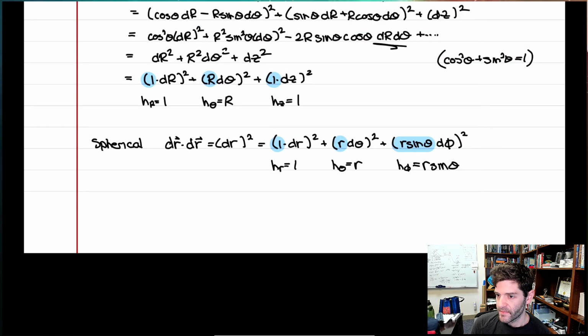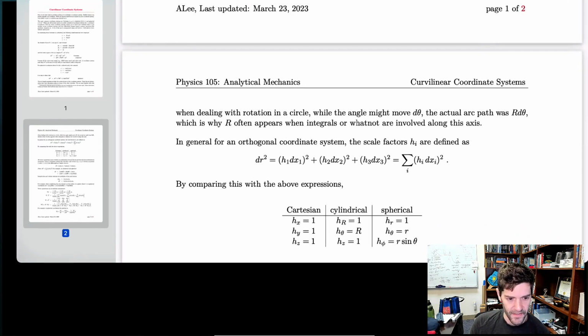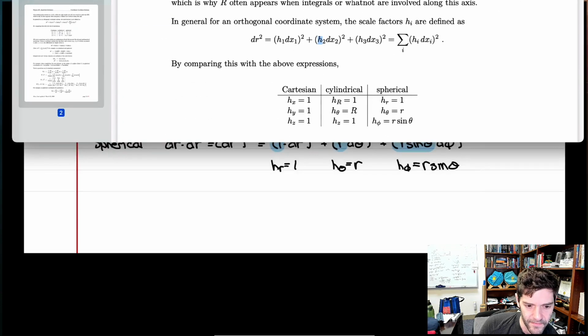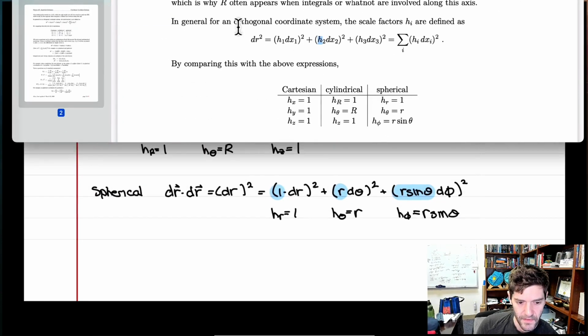But let me see if I can bring this up without giving away everything right away. All right, so if I bring this over here, we've defined these scale factors as the number that's in front of the dr, the d theta, the d phi, and those become the scale factors, which I'm generally calling h, for a particular coordinate system that's orthogonal because there are no cross terms.